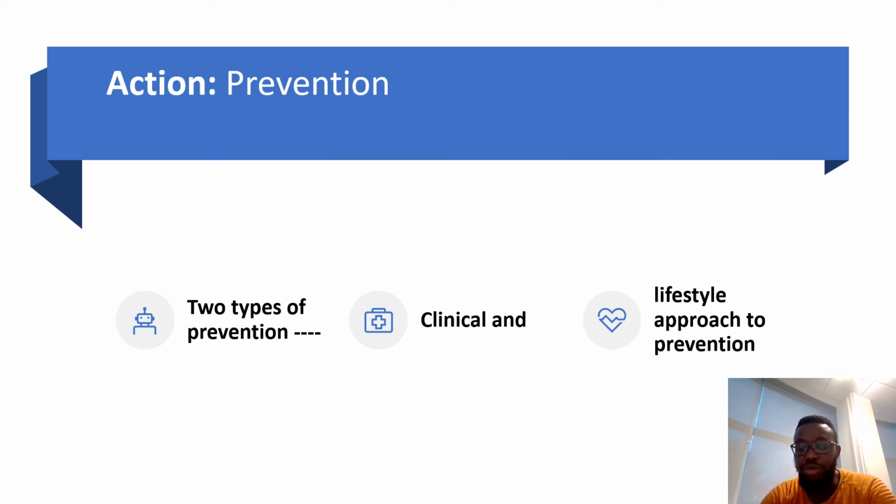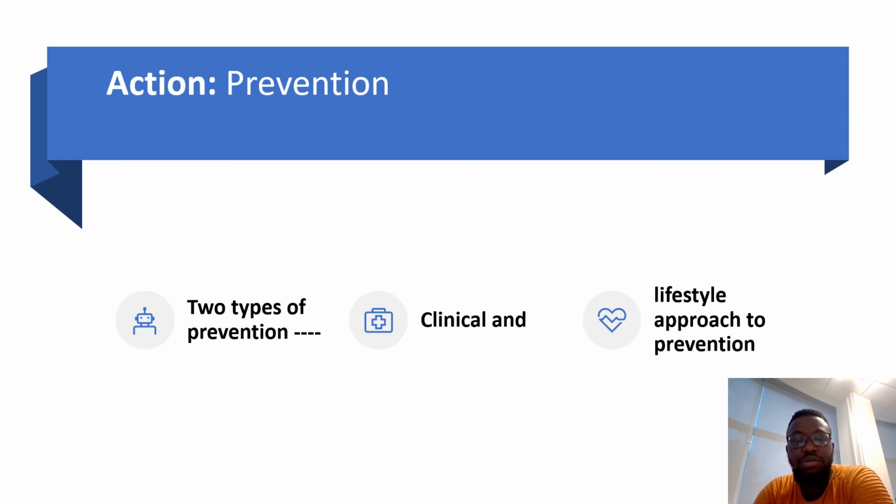In the clinical space, any preventive measures taken in the clinic for a particular individual in order to help prevent the onset or the progression of any clinical disease, we can call that clinical prevention. What about the lifestyle approach to prevention?